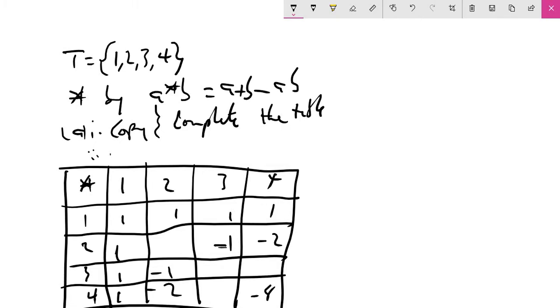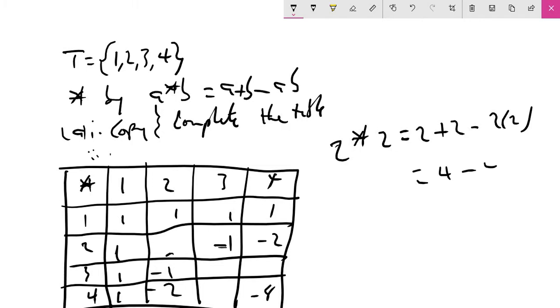Okay, so 1 star 1 is 1 from here, so you don't need to do anything. But then there's the empty space here. So 2 star 2 will be equal to 2 plus 2 minus 2 times 2. So this will be 4 minus 4, which is equal to 0.